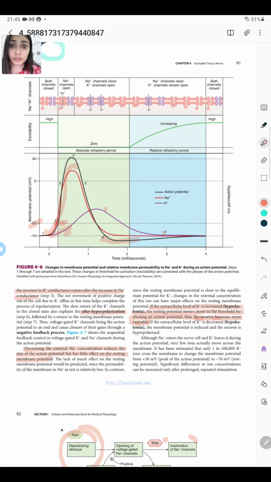Above that, the sodium and potassium channel states are also marked. In the starting, you can see that both the channels are closed. As soon as the threshold potential is achieved, sodium channels are opened, right? In the middle period, both the potassium channels will be open and the sodium channel closed, and in the last phase, the potassium channel remains open and the sodium channel resets, right?